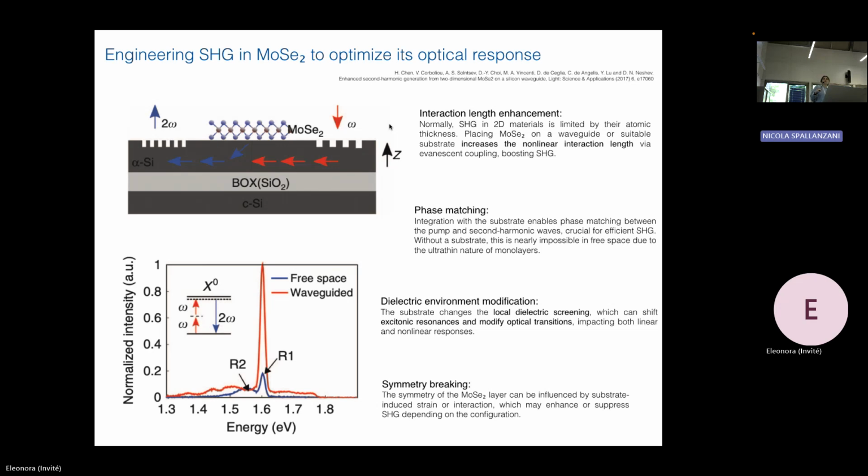And what was nice is that you can see a strong enhancement between the free layer and the waveguide. These can be due to different effects: interaction, field enhancement, phase matching, or just the strain, for example, that can be created between the two layers.